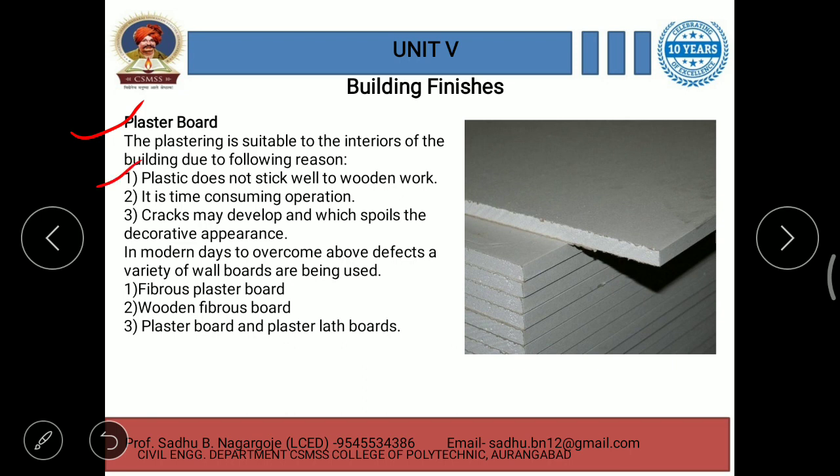Plaster does not stick well to wooden work, it is a time consuming operation, and cracks may develop which spoil the decorative appearance. In modern days, to overcome these defects, a variety of wall boards are being used, such as fibrous plaster board, wooden fibrous board, plaster board and plaster lath boards.